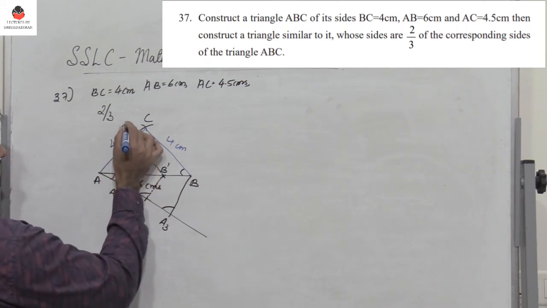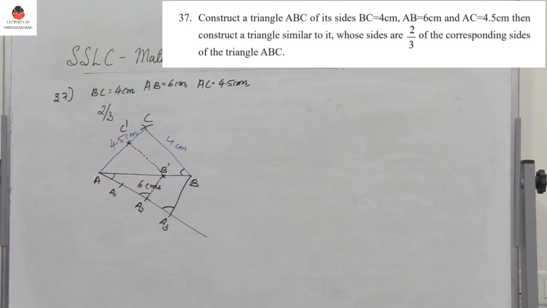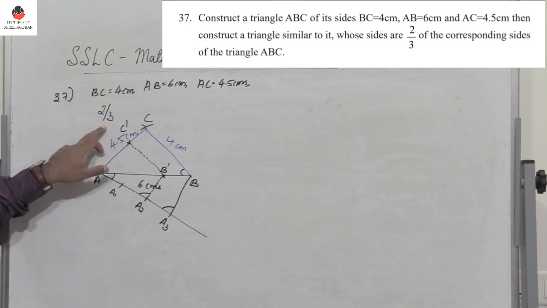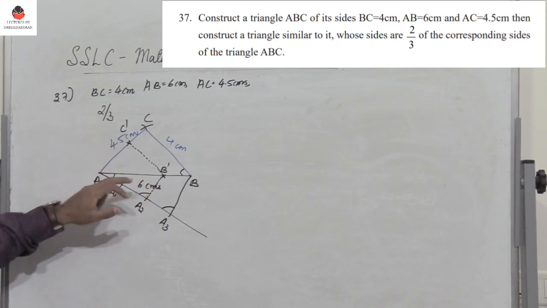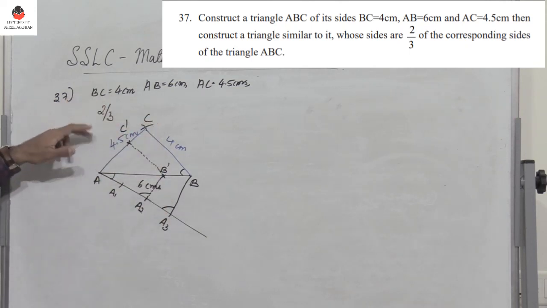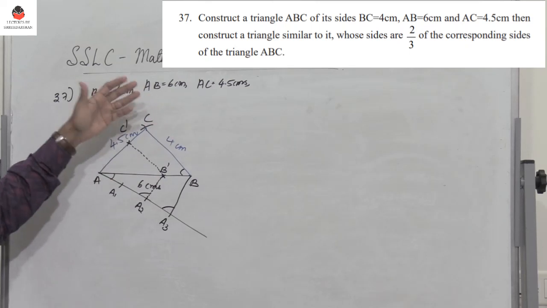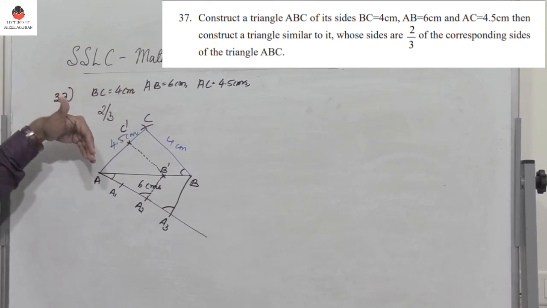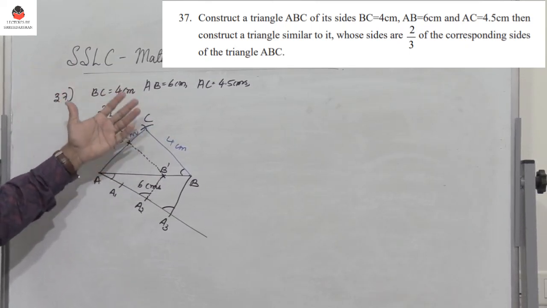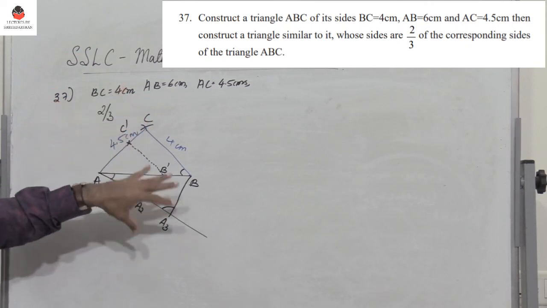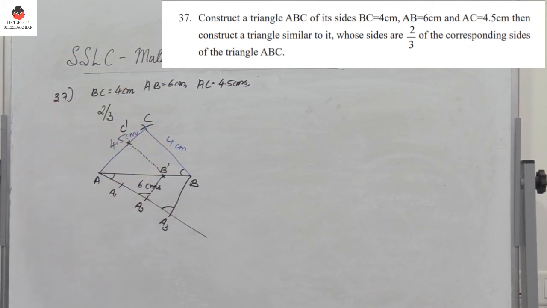So this BC dash. So here I have the triangle AB dash C dash and the triangle ABC, and they are in the ratio 2:3. Right? So if the numerator is smaller than the denominator, we find that the new triangle will be inscribed within the triangle, and if the numerator is larger, we find that the triangle gets inscribed outside the considered triangle.